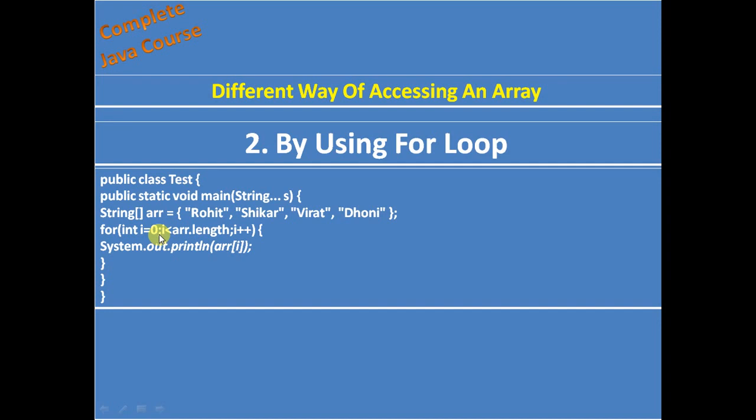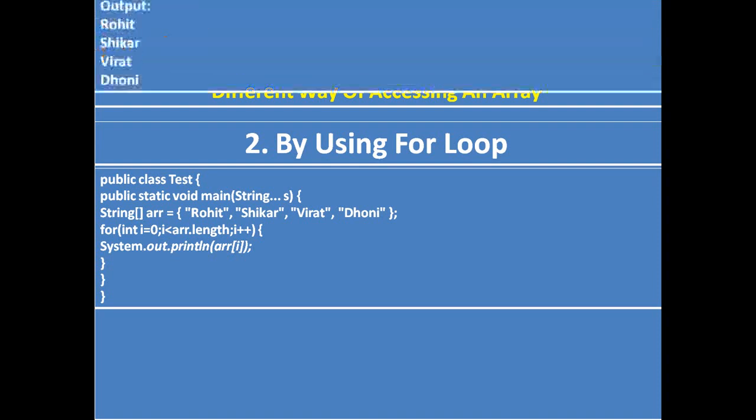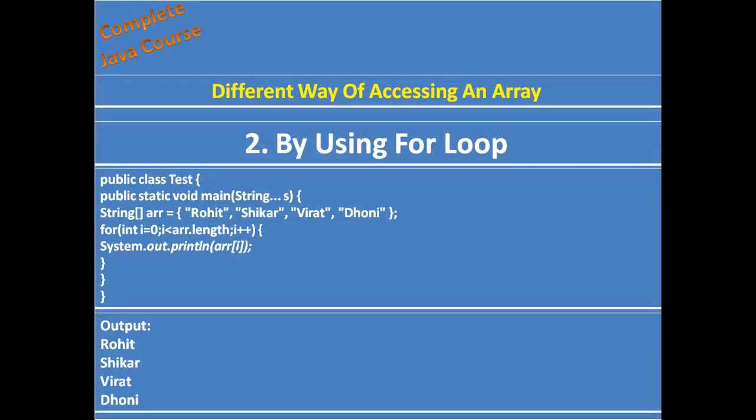Then we check the condition up to the length of the array, so array dot length, then we increment the value, and for that we print array[i]. Here i will be from 0 to the nth index. If you run this program, you will get the output Rohit, Shikhar, Virat and Dhoni.